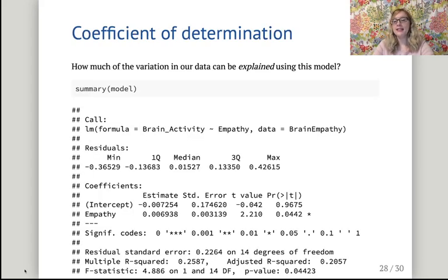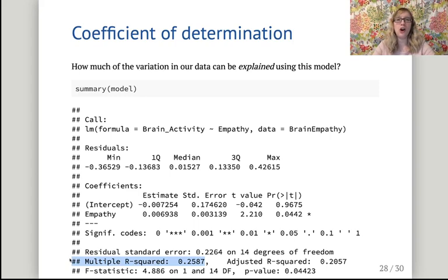Now, the last thing that's useful for us when we're talking about our models, or a linear model in particular, is how good this linear model actually is at explaining changes in the data. So, for example, how much of the variation in our data can be explained? The value that we'll look to give us an answer is down at the very bottom of the summary output.